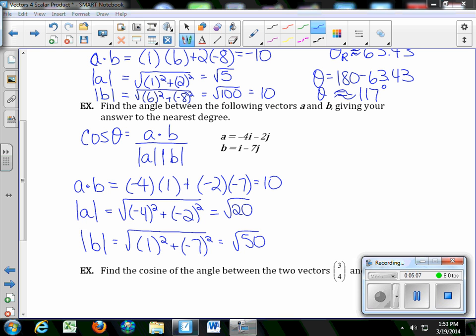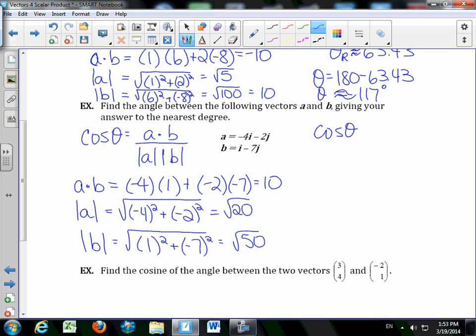So we're going to now plug these values in. We will have cos theta equals 10 over, and you can combine these any way you want, but on the bottom we take root 20 times root 50, which would give us root 1000. You can simplify that if you want, or just plug it into your calculator like that.